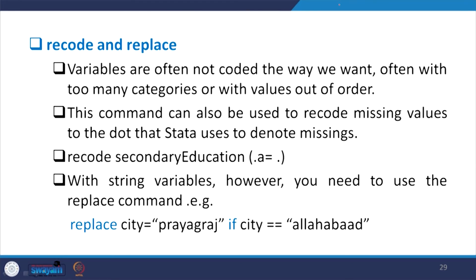Then recode and replace. Recoding and replace is equally important for work and operation in our module. For example, if you have data like gender in your variable, one is coded for male and 2 is for female.